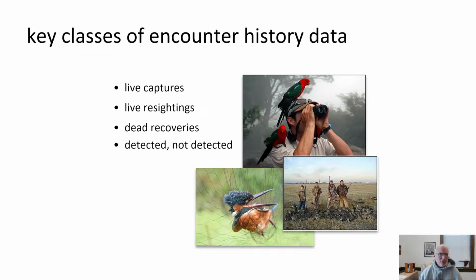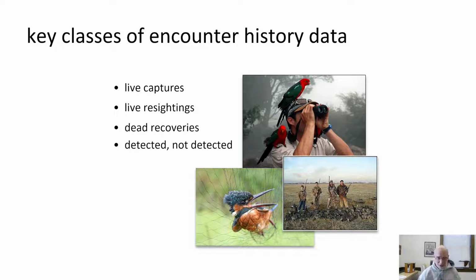Okay, so those are the key classes of encounter history data that you might collect by the methods we talked about. We broadly distinguish between live encounters or live captures, where the animal is alive, but there's also data that you can collect from dead recoveries. So for animals that are harvested, either for recreational or commercial purposes, you have information based upon the harvested individual.